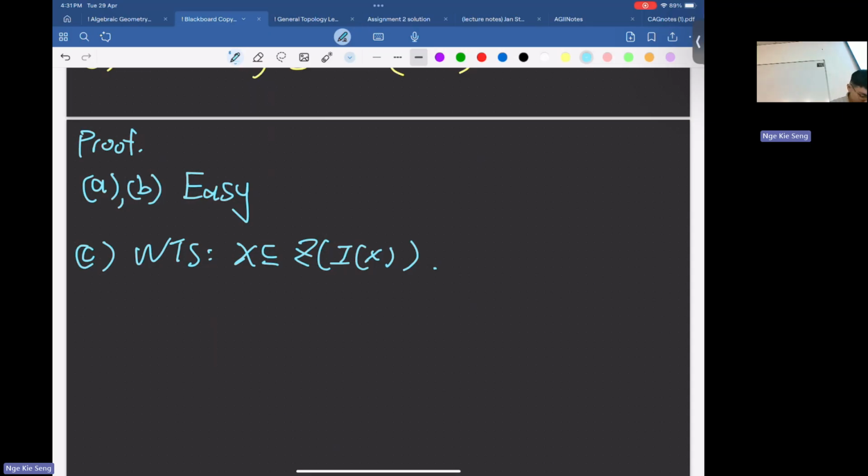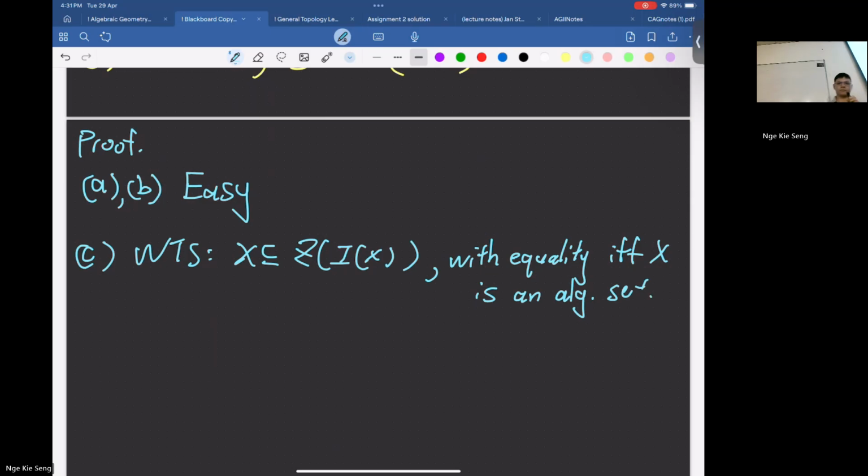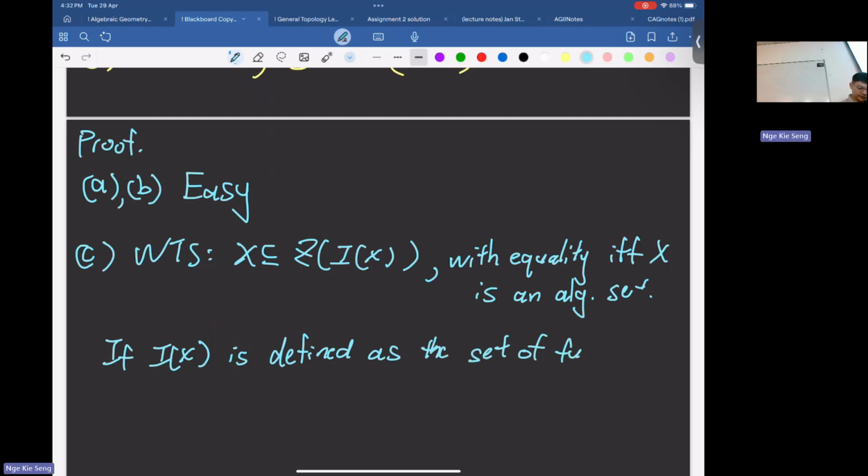Okay, I think we have another line, with equality if and only if x is already an algebraic set. What is Ix? Since Ix is defined to be the set of all functions vanishing at all the points of x.